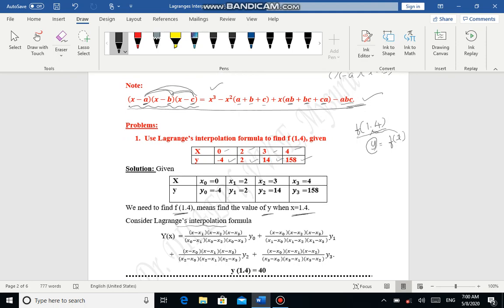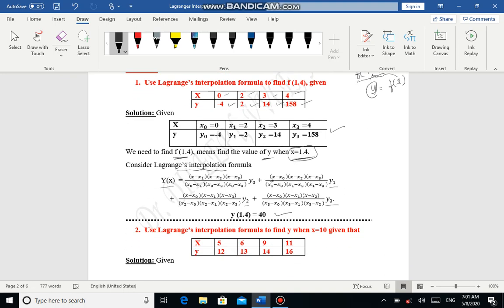Consider that formula, x minus x1 and everything. Substitute the corresponding values. We know x0, x1, x2, x3, y0, y1, y2, y3, everything that is in the given data. We are finding y at x is equal to 1.4. So where you have x, replace it by 1.4, and we will get the value of y at x is equal to 1.4. A simple working procedure.